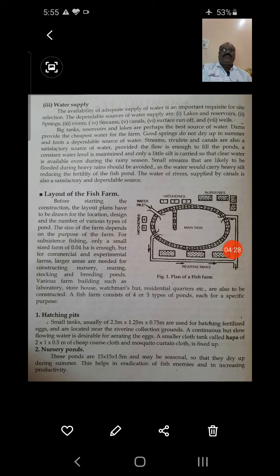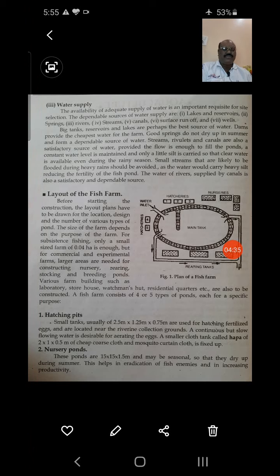Means where a water supply is there, in that particular area we have to select our farm site. Now naturally we can get the water from lakes, reservoirs, springs, rivers, streams, canals, surface runoff and wells. So whatever it may be, if we get the water for fish farming from these sources, then it is okay to construct the fish farm.